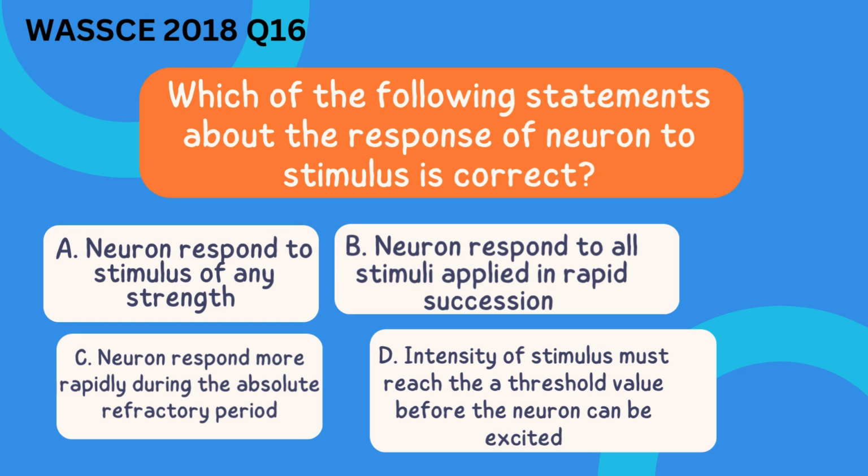C. Neurons respond more rapidly during the absolute refractory period. And D. Intensity of stimulus must reach a threshold before the neuron can be excited. What do you think is the answer?